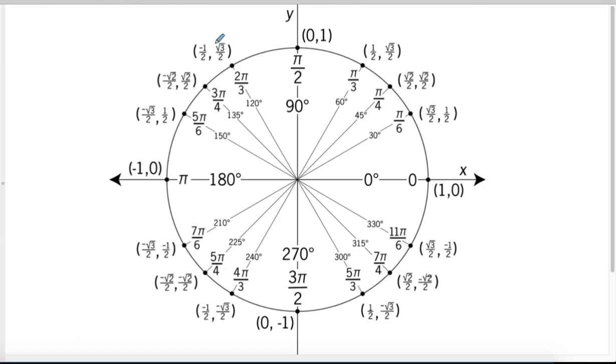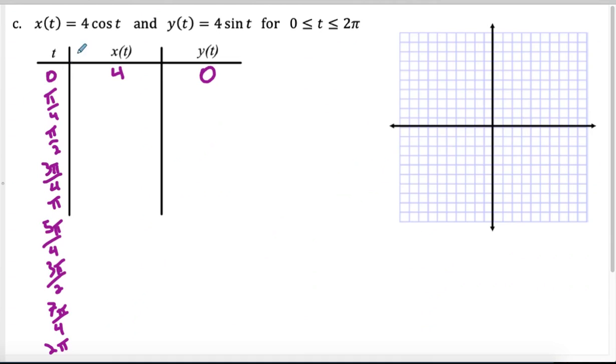At pi over 4, the cosine is the square root of 2 over 2, as is the sine. So this would be 4 times the square root of 2 over 2, or 2 times the square root of 2. And for graphing purposes, it probably makes sense to write that as a decimal. So 2 times the square root of 2 is about 2.8.